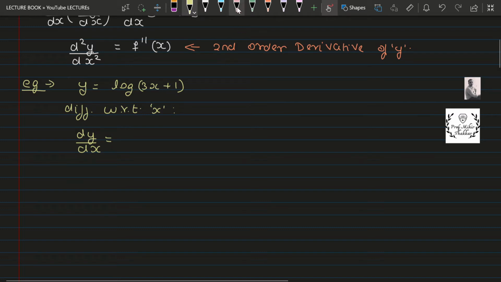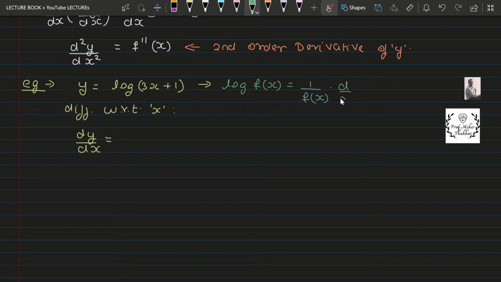Derivative of log of (3x plus 1) is obtained using the formula for log of f(x). And what is the formula for log f(x)? It is 1 upon f(x) into derivative of f(x), where this 3x plus 1 is considered as f(x).